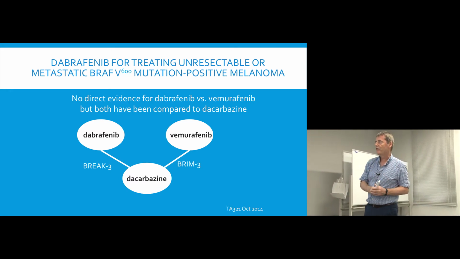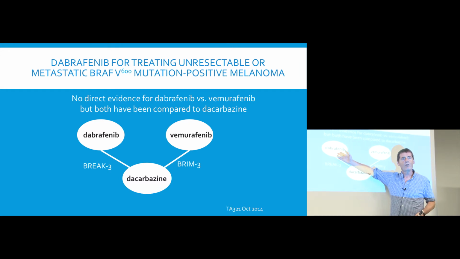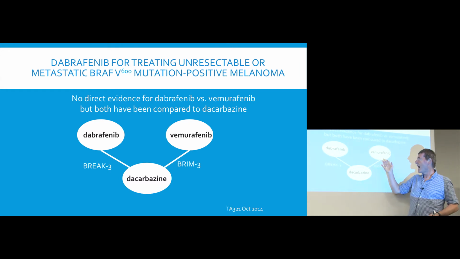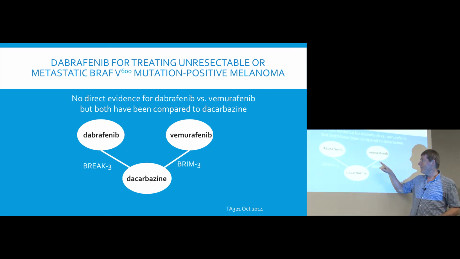But this creates a possibility. If you've got individual data for one trial and aggregate data for another trial, you can reweight your trial so that the patients have the same aggregate characteristics as the other trial.